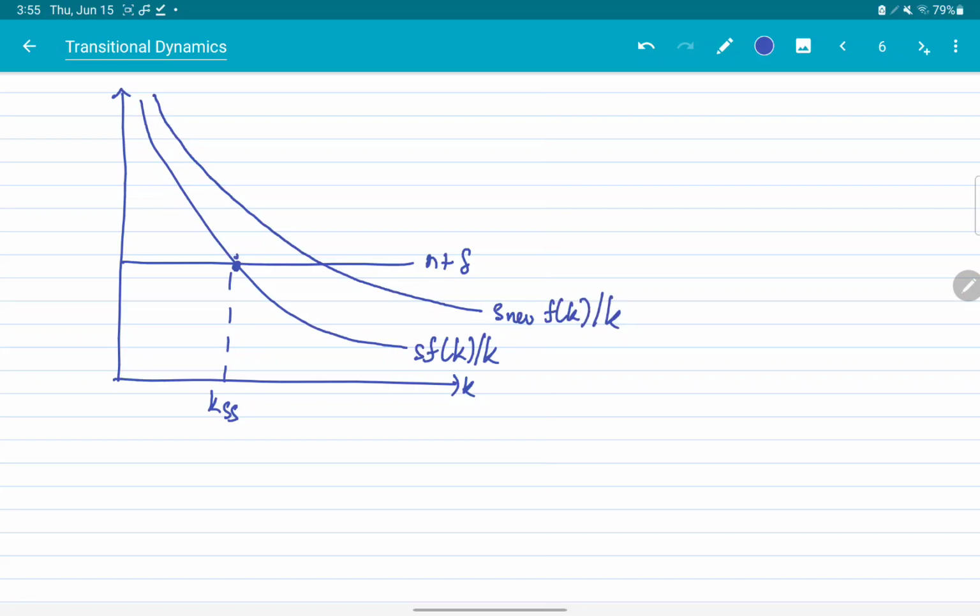So at this old level of the steady state, you now have positive growth again, and you go on and on and on till you reach this point, and growth continues to slow down until you reach the new steady state, right?